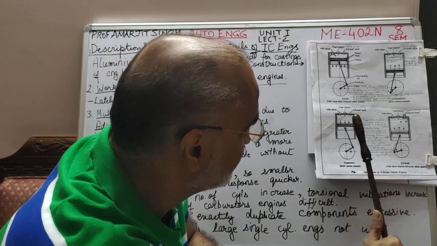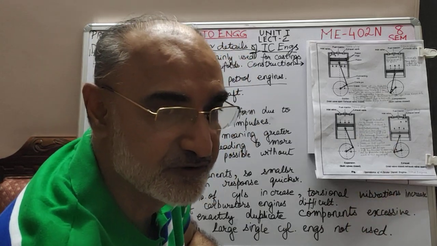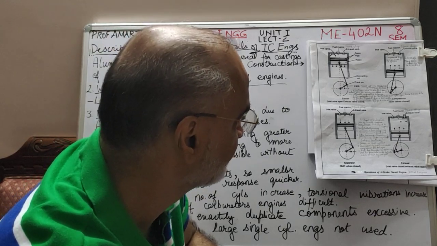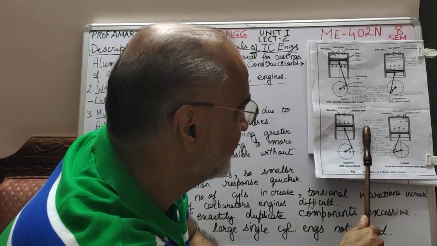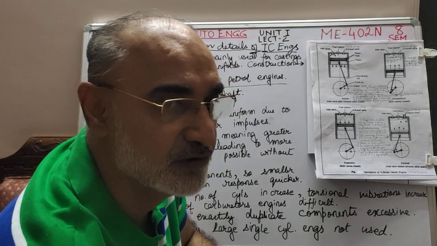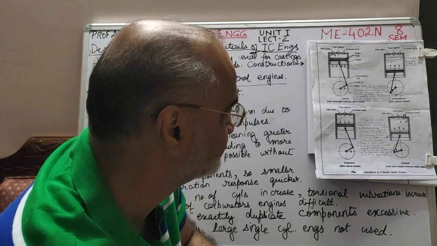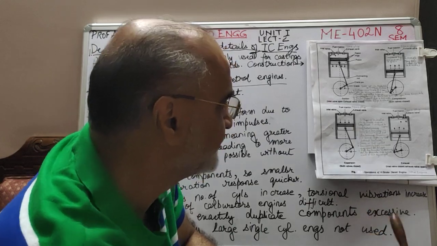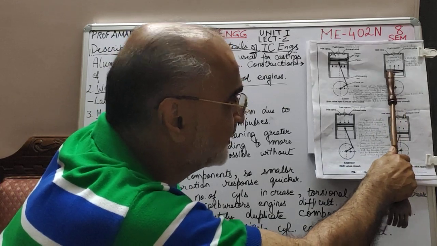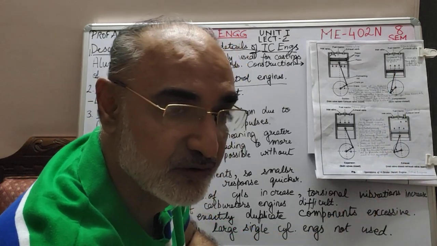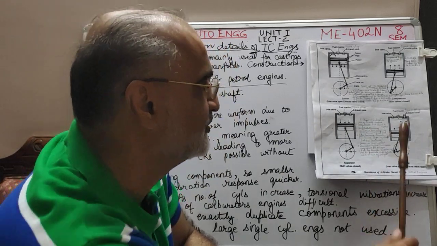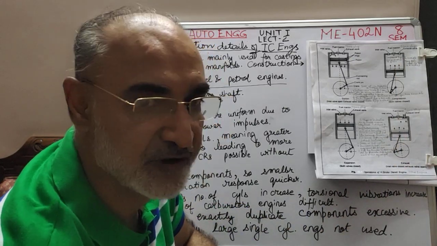Now in combustion, there are 4 stages of combustion in a diesel engine, unlike that of a petrol engine. The first is a delay period. In the delay period, the liquid fuel turns into vapor. The second stage, all these stages happen from the start of combustion to the end of combustion, is uncontrolled burning because of the high temperature and pressure. It's uncontrolled.